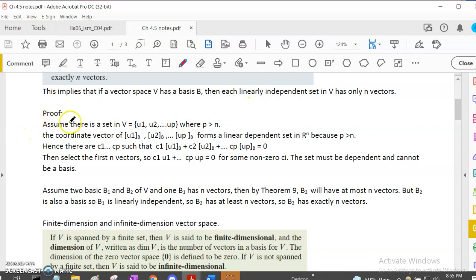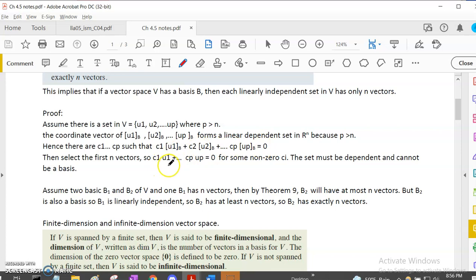Proof. So how do I know that it cannot be bigger than n? Just assume that there is a set that's bigger than n, and they are linearly independent, so I can write them all in terms of B. This would, of course, form a linearly dependent set, right? Because n is less than p, and all these are in terms of B. So that means there are C1 to Cn such that if all these vectors are written in terms of B, that is equal to 0.